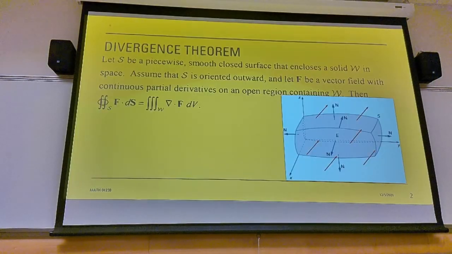How do we start Green's theorem and Stokes' theorem? So we first looked at the theorems, and then what did we do? Proved it. Not proved it. Verified it. We verified it.